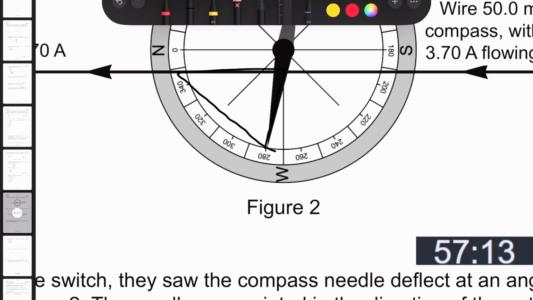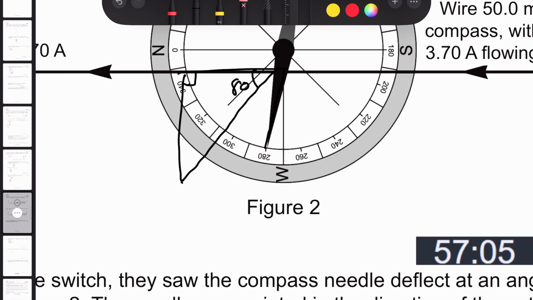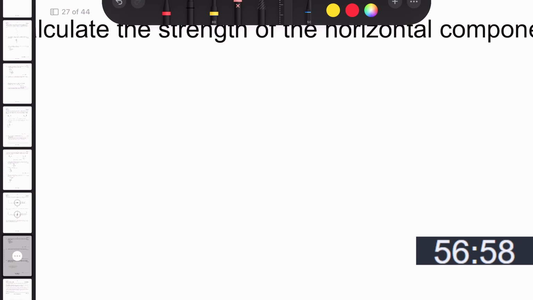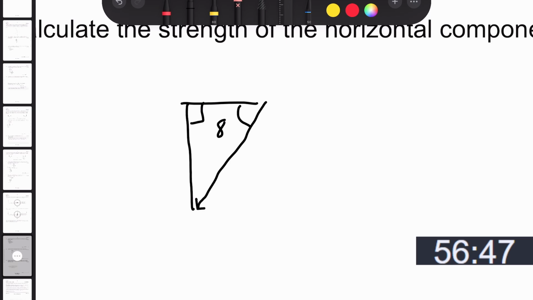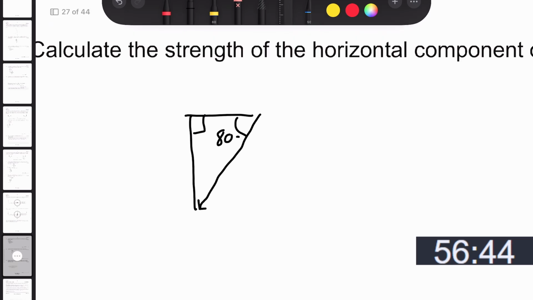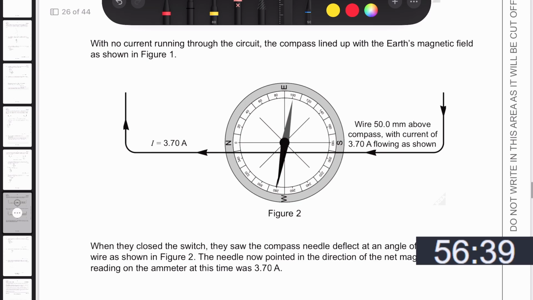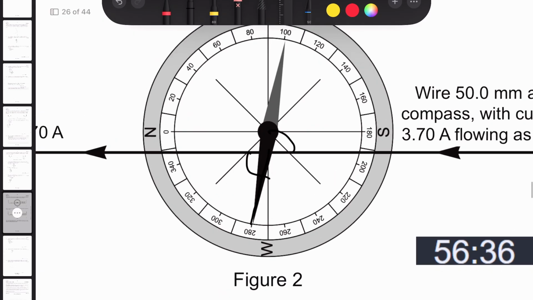If that's the 80 degrees, and that's 80. I think that's how they want me to draw my triangle. So let's do that. And that's 80 degrees to the wire. If that's 80, this is 80.